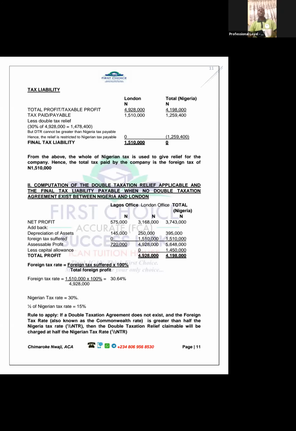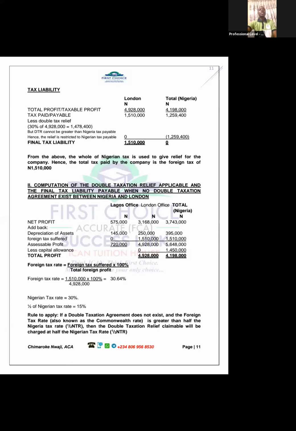The rule is, if the double taxation agreement does not exist and the foreign tax rate, known now as the Commonwealth rate, is greater than half of Nigerian tax rates, then the double taxation relief claimable will be charged at half of Nigerian tax rates.